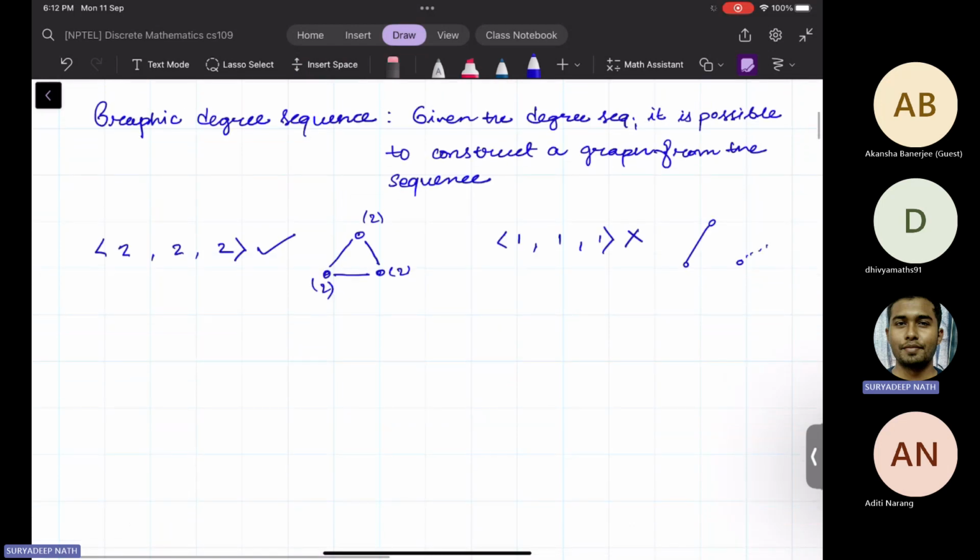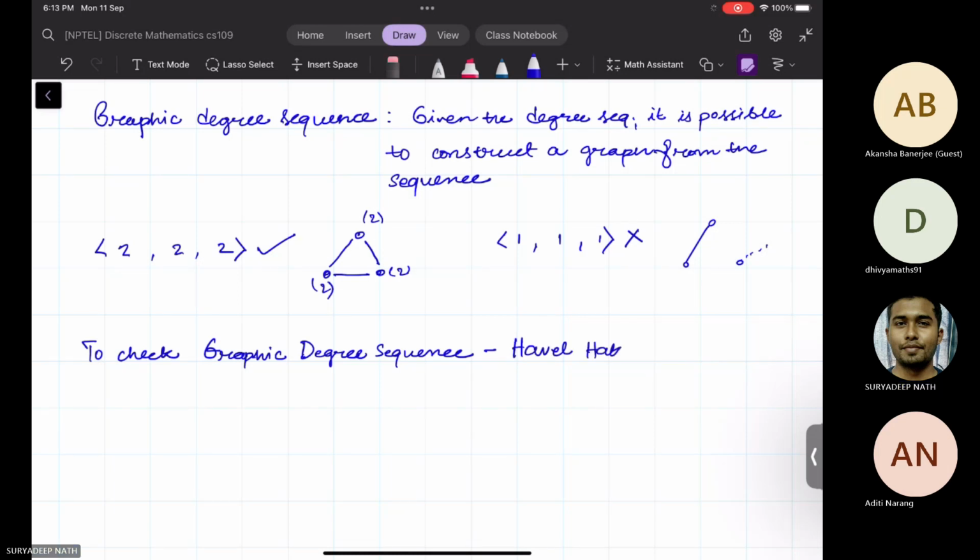To check a graphic degree sequence, we have an algorithm called the Havel Hakimi algorithm.